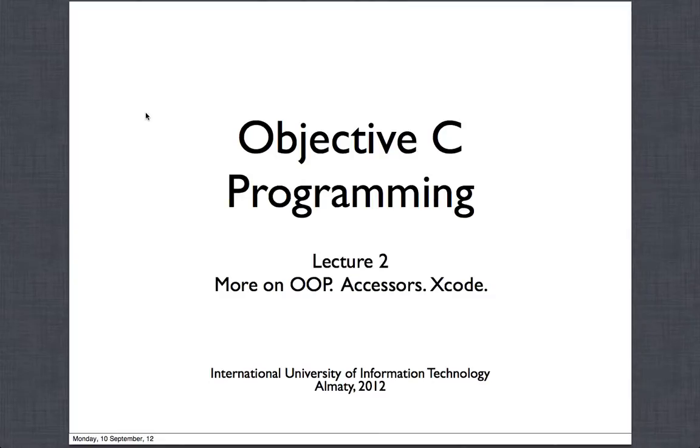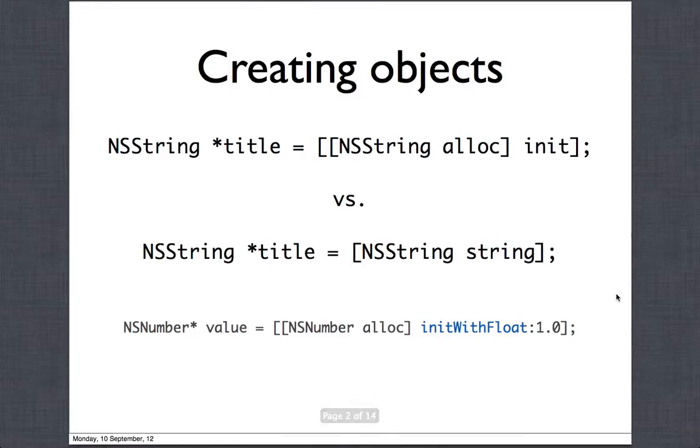Okay, one of the questions I got after the last lab is, is there another way to create objects? And some people were just confused about creating objects. So here it is. There are two ways of properly creating objects in Objective-C.